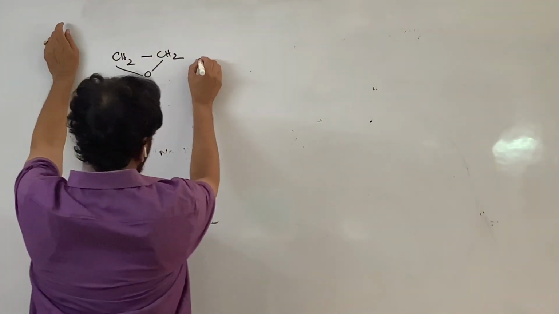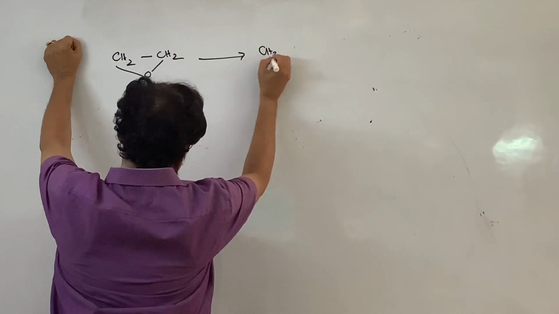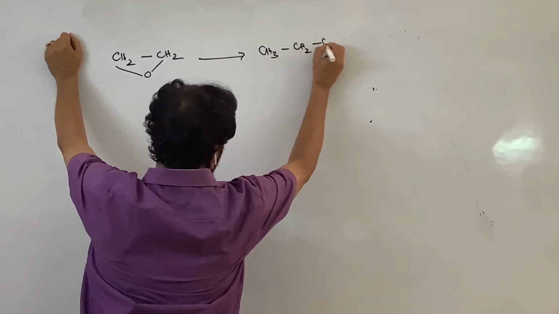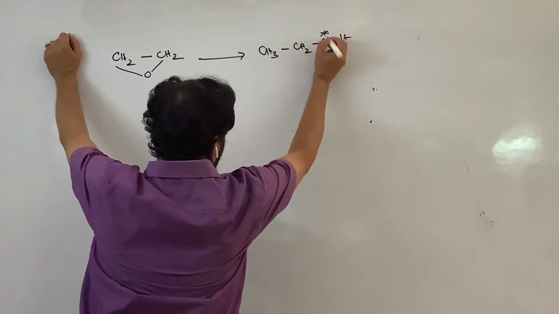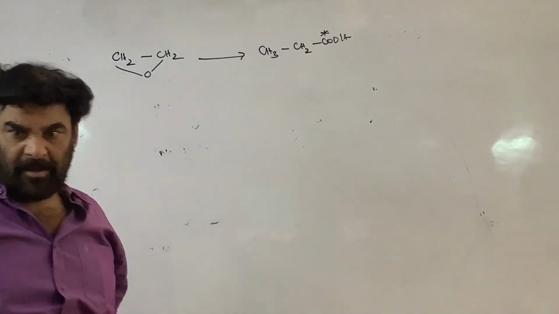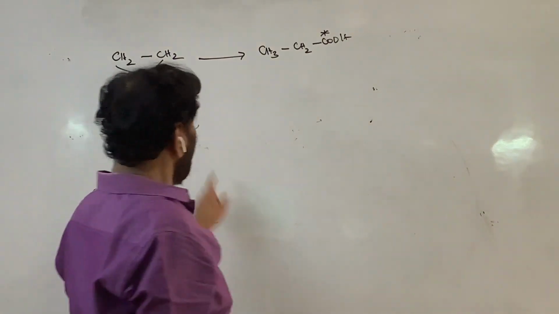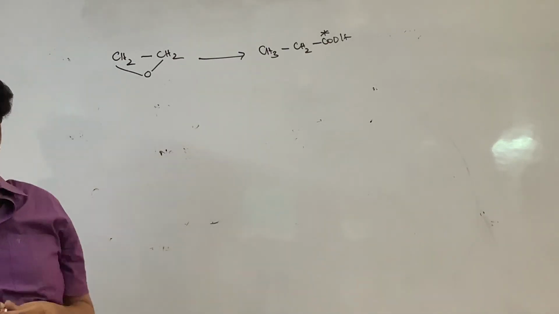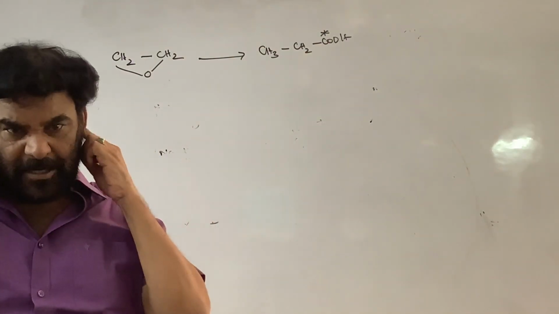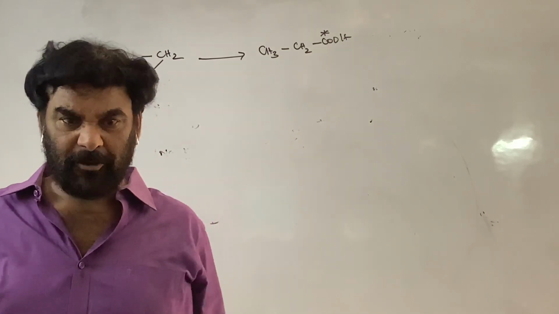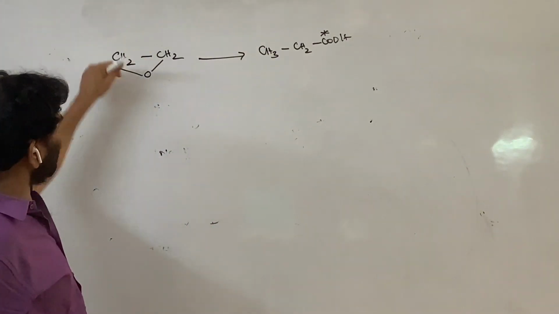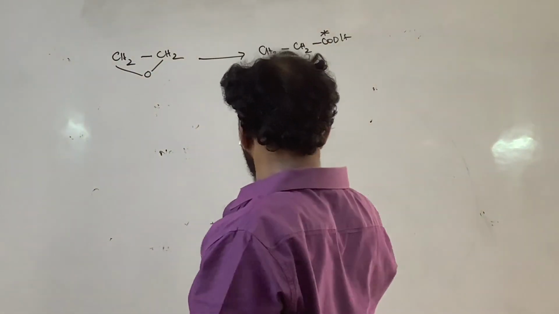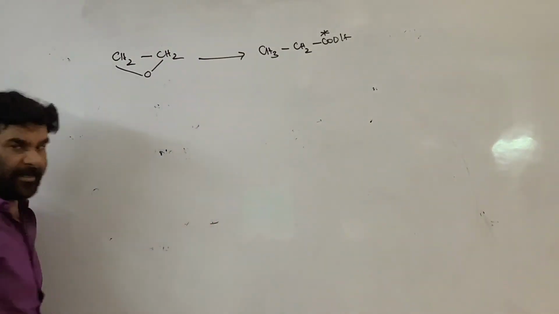This is the 3-member ring. It takes part in ring opening reactions. Normally we say that it is participating in nucleophilic reactions. The nucleophile goes and attacks here. In this process, a carbon atom has to increase.